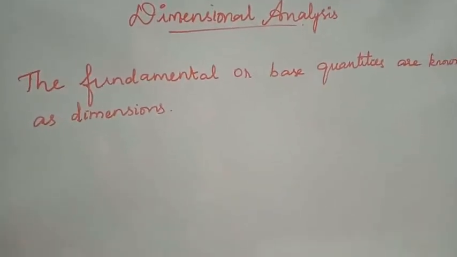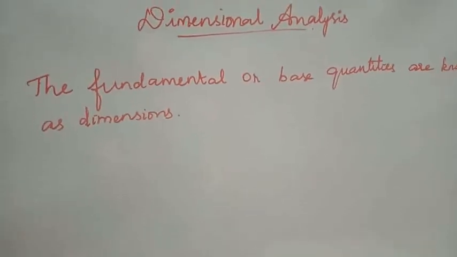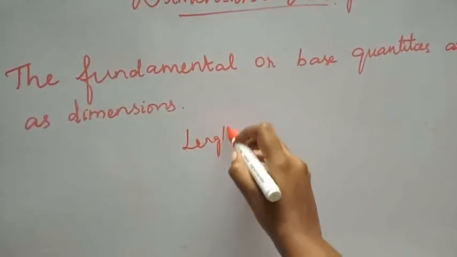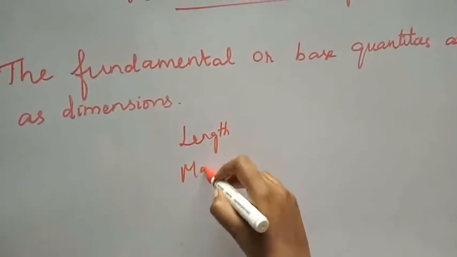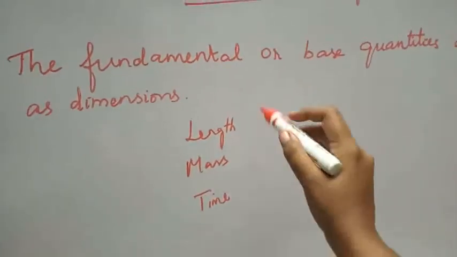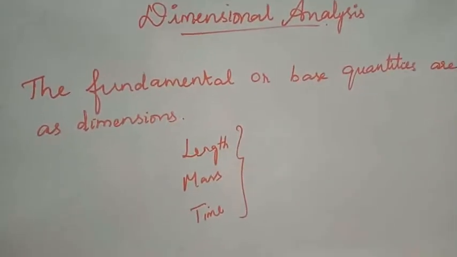So we know that we have three basic or fundamental quantities, which are common fundamental quantities, that is length, mass and time. So these three are the basic and very common quantities that we use.